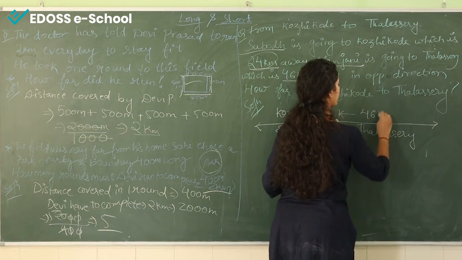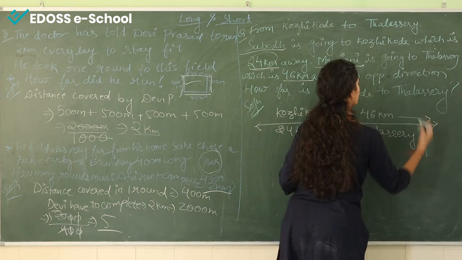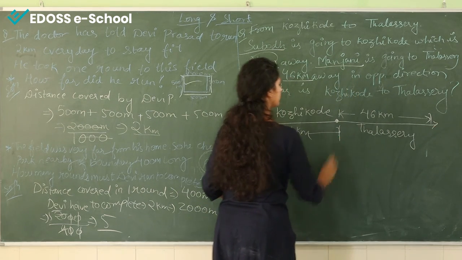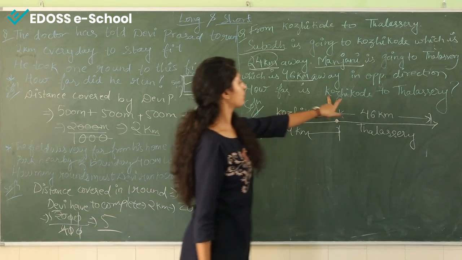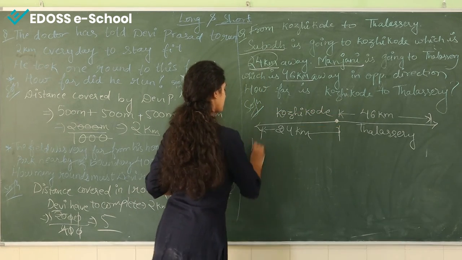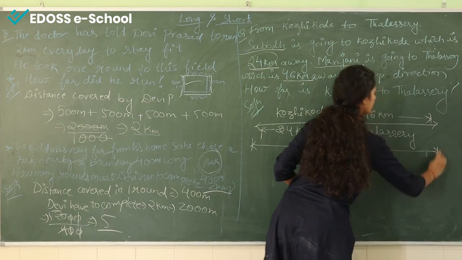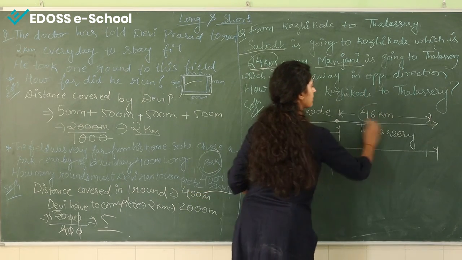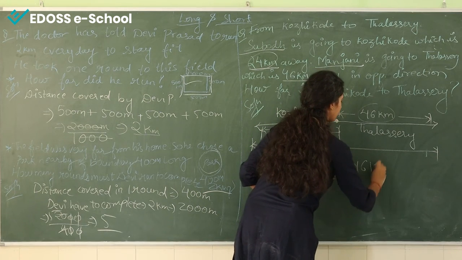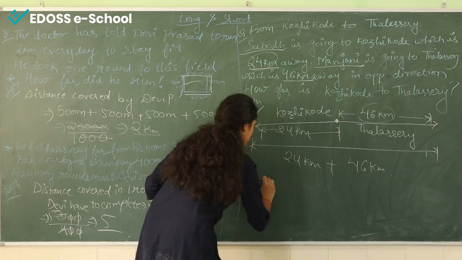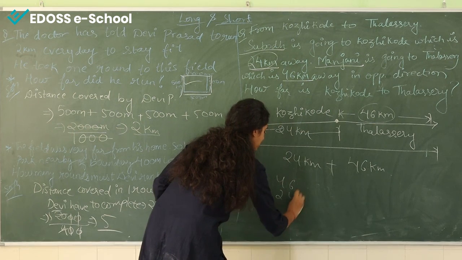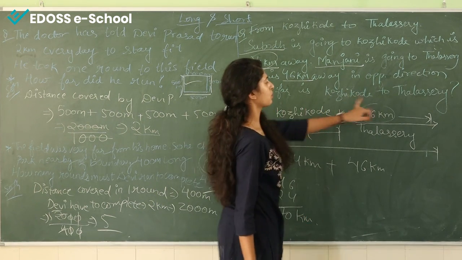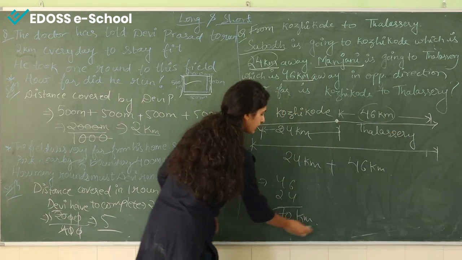So we have to find the distance of Kozhikode to Thalassery. So total distance will be 24 kilometers plus this 46 kilometer. Now we'll add 46 plus 24 will be equal to 70 kilometer. So the distance of Kozhikode to Thalassery is 70 kilometers.